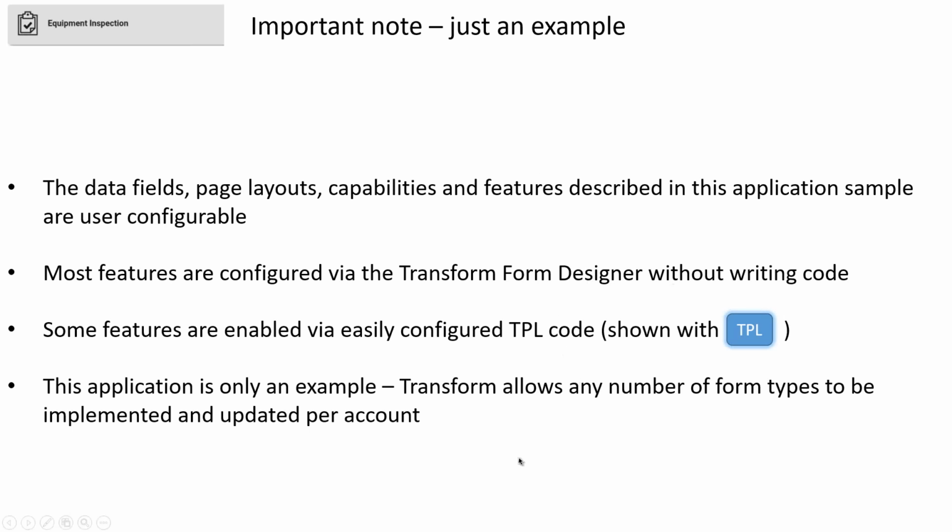So whatever is seen in this application sample can be extended easily by the customer themselves. So whoever is using TransForm as a customer, as an end user, has the capability to take the sample, for example, that we have here, and update it, expand it, modify it, add more features. This is not a closed black box type of application.